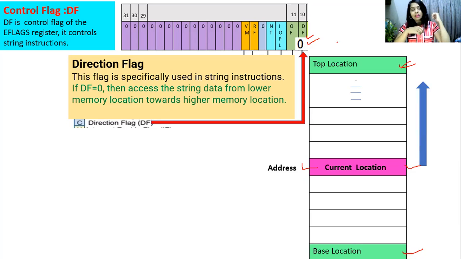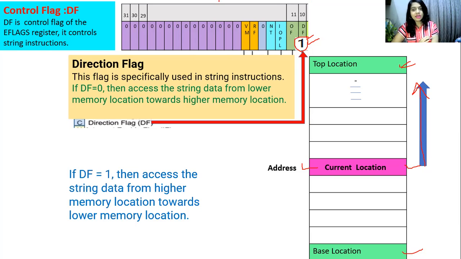If the direction flag is 0, it indicates the direction of data available, that means data is available in this direction. On the other hand, if the direction flag is 1, that means if it is set to 1, then it accesses the string data from higher memory location towards lower memory locations. That means now it indicates that data is available in the lower memory location.